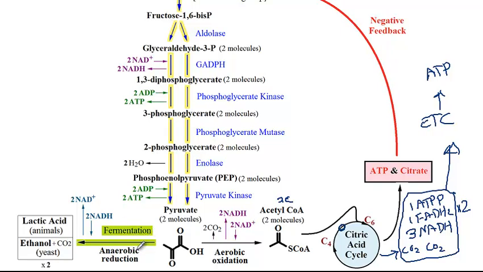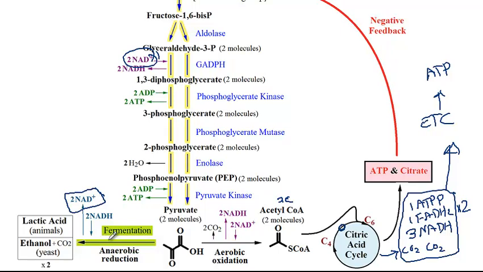And the purpose of fermentation is to produce more NAD+. If you've noticed, all the NAD+ that we had here is being used up in the glycolysis pathway. And if we don't regenerate the NAD+, in anaerobic organisms or under hypoxic conditions, our cells cannot generate more ATP because they need NAD+ in order to get the glycolysis to go through.